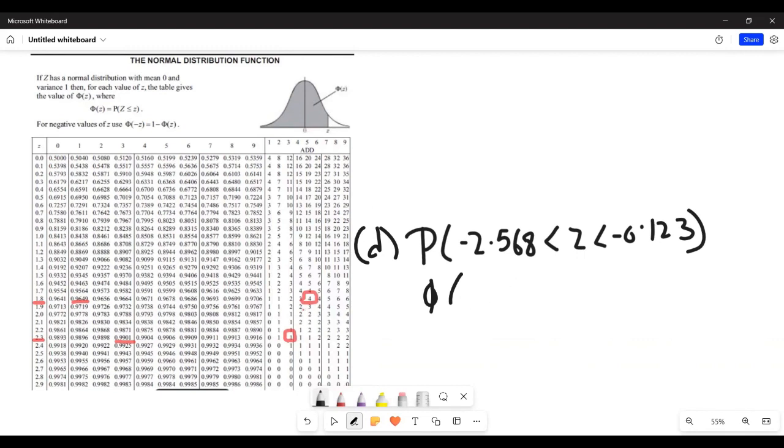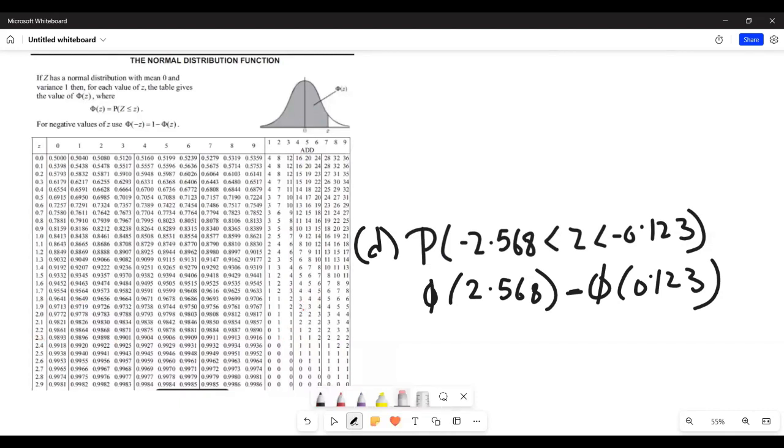Sorry, no. Bigger number, phi 2.568 minus phi 0.123. Okay. So let's find probability z is less than 2.568. So 2.5, then 6 is here, and then 8 is 1. Okay, so it's going to be 0.9948 plus 1. So 0.9949.